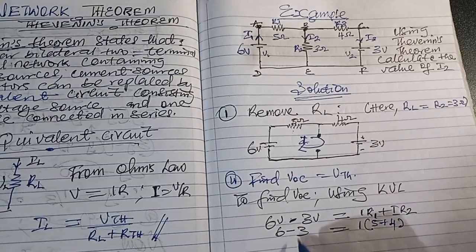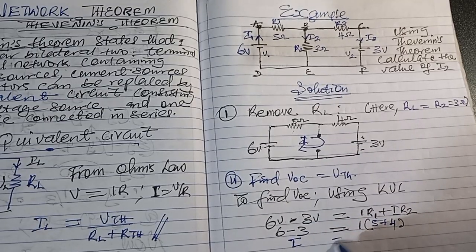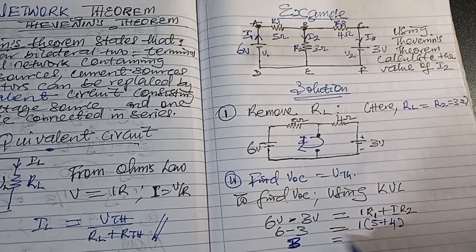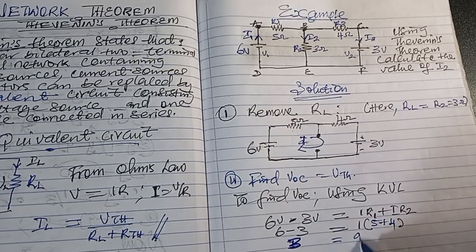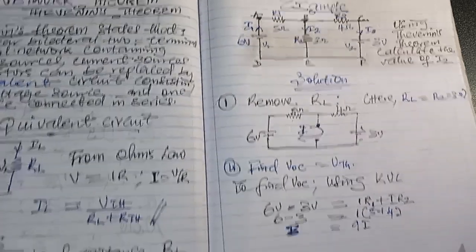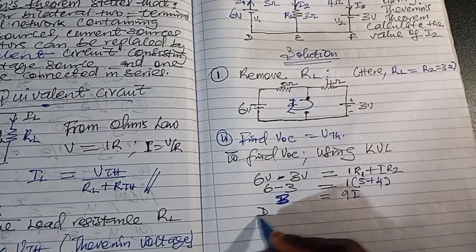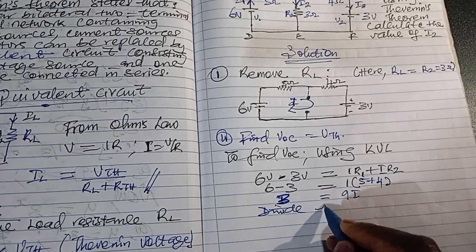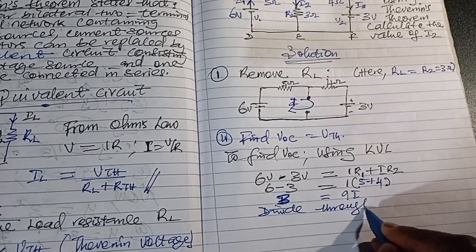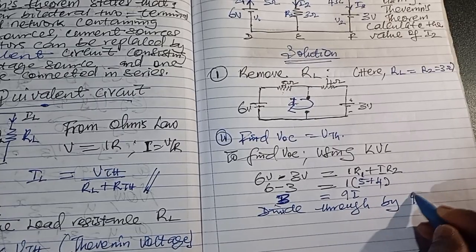Okay, we want to calculate this current now. From here, I will have 3 volts. 3 is equal to 9I. Divide both sides by 9.